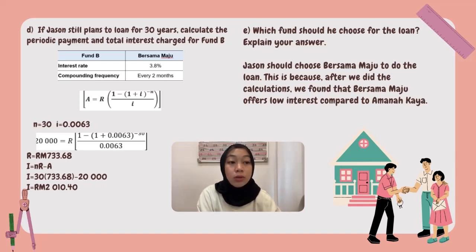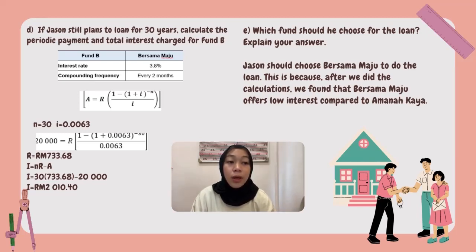So 20,000 equals R times 1 minus (1 plus 0.0063) to the power of negative 30, divided by 0.0063. So R equals RM 733.28.